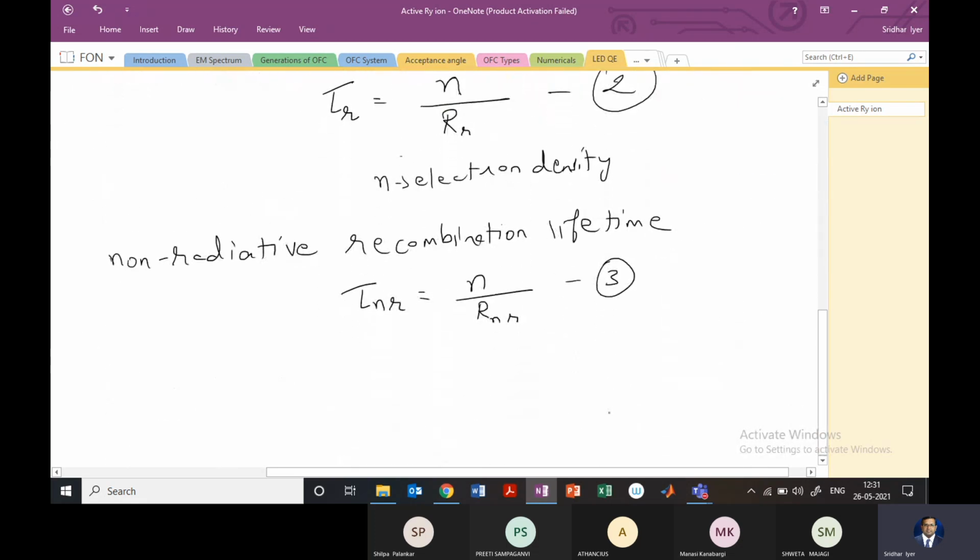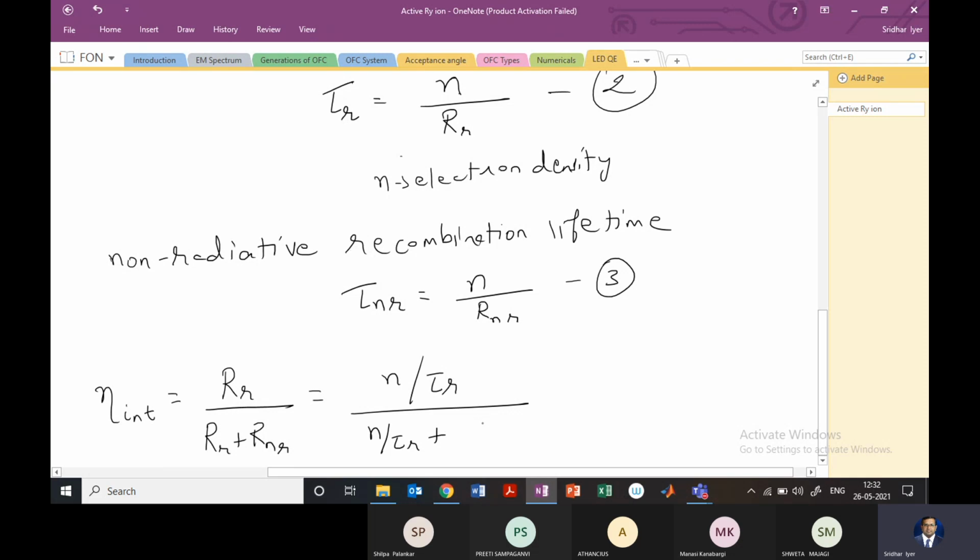With equations 2 and 3, we can write eta internal, which is R_r divided by R_r plus R_nr. I'm rewriting equation 1 for reference. Now substituting R_r from equation 2 as n divided by tau_r, and R_nr from equation 3 as n divided by tau_nr.